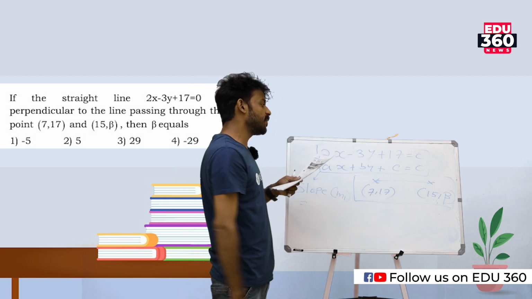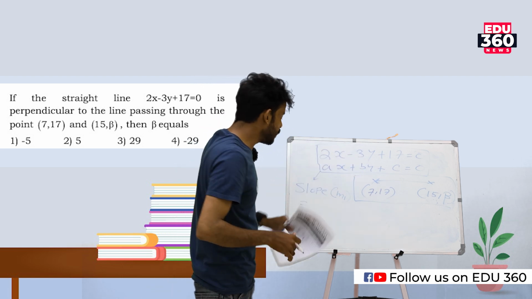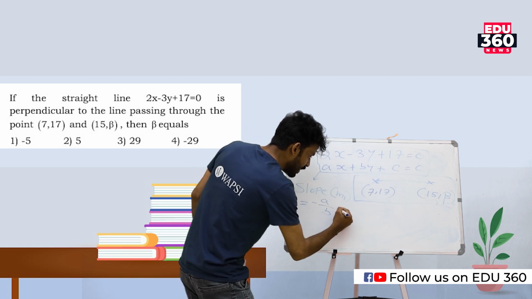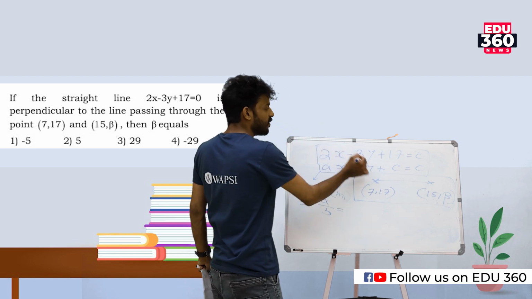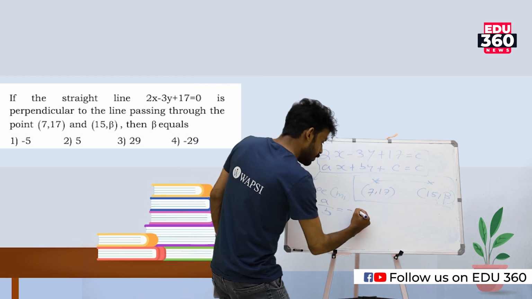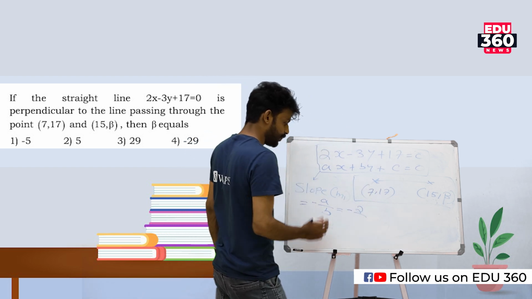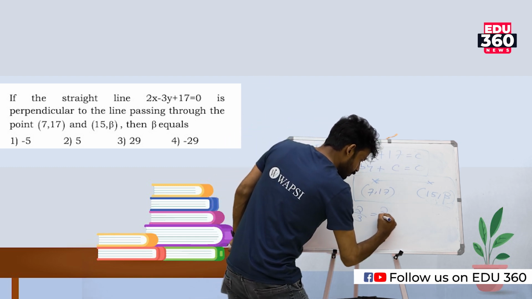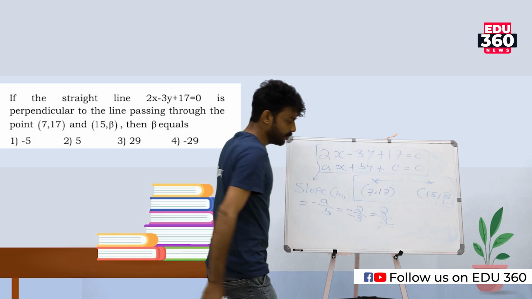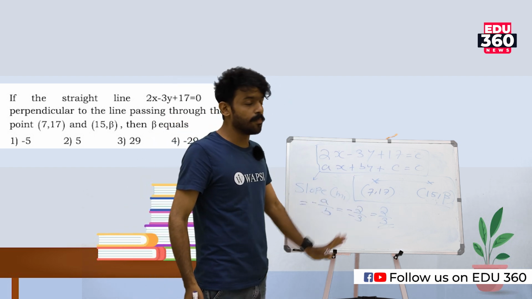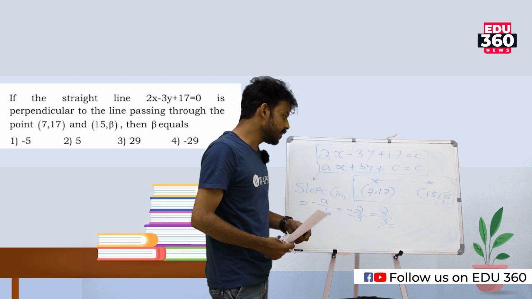For ax plus by plus c is equal to 0, the slope is equal to minus a by b. Now compare this: minus of 2 divided by minus 3, that means 2 by 3. So the value of m1 is 2 by 3.